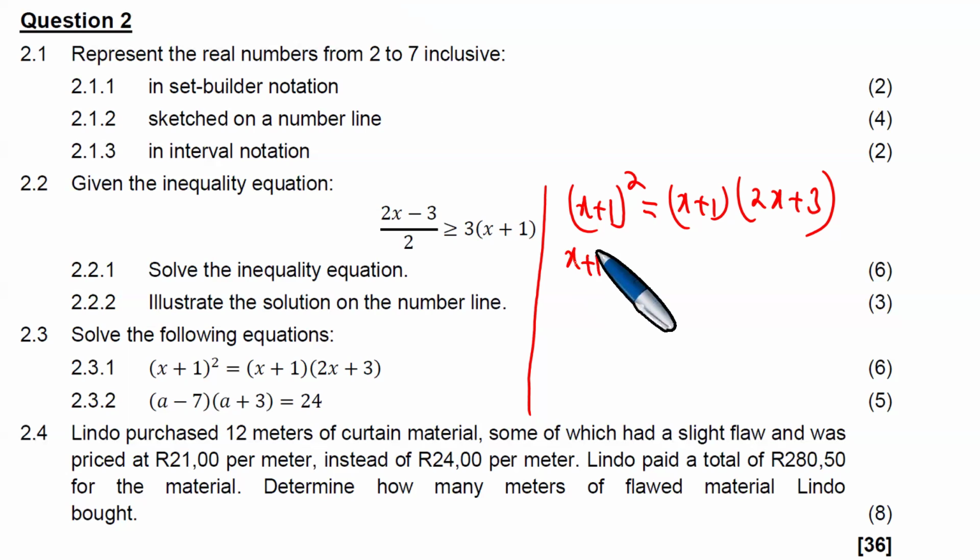You can write (x plus 1)(x plus 1), because the square means you can write it twice.